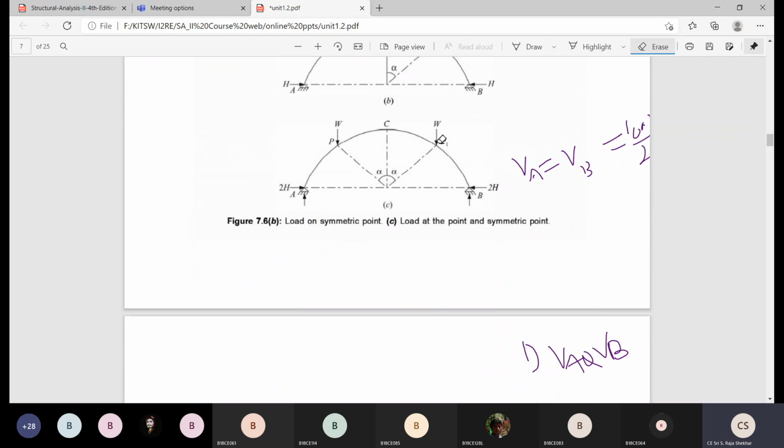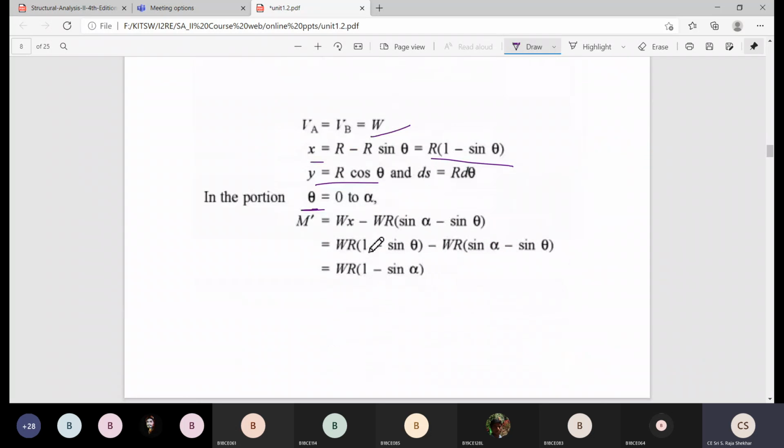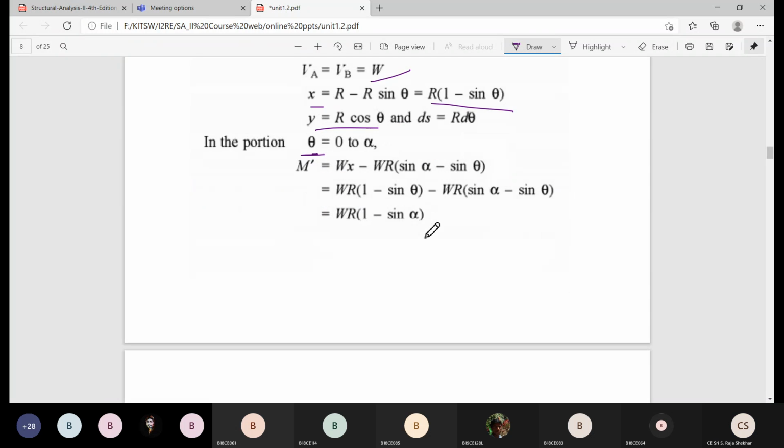I am taking the moment at section point P. Only consider vertical forces, not the horizontal forces. Why? Because we are calculating the horizontal thrust, so only consider the vertical forces. I am considering the left side segment. Calculate the moment at x. M dash is equal to W into x minus W R sin alpha.